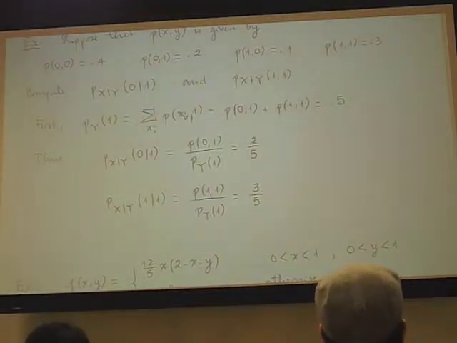So I can just cancel the point and point right there. It's just 2/5. Is that clear? And likewise, if I want to calculate the probability of x right here given y at the point (1,1), I just have to look at p of (1,1), which is 0.3, divided by p_y at 1, which is 0.5, so it's 3/5.